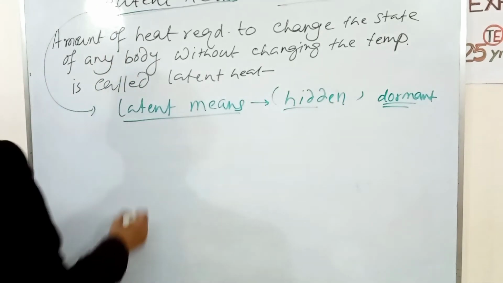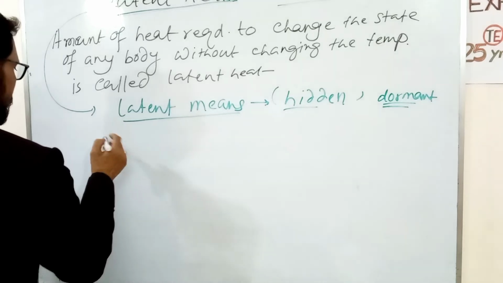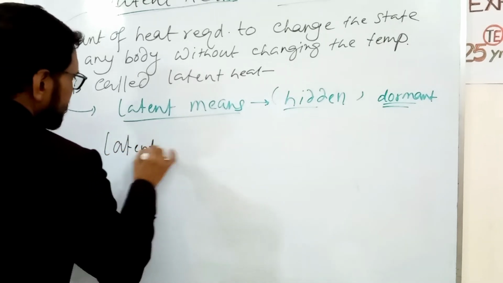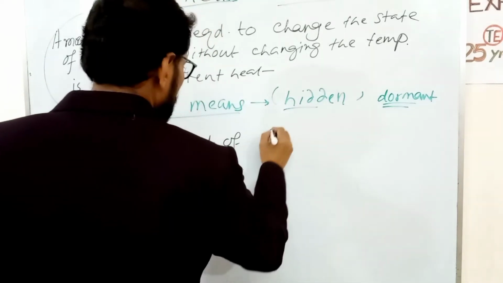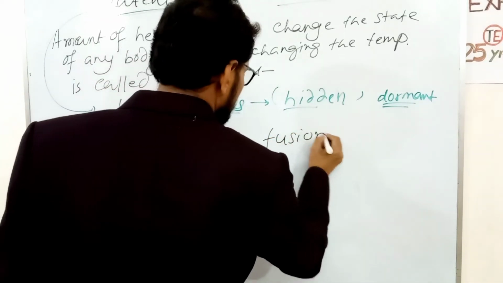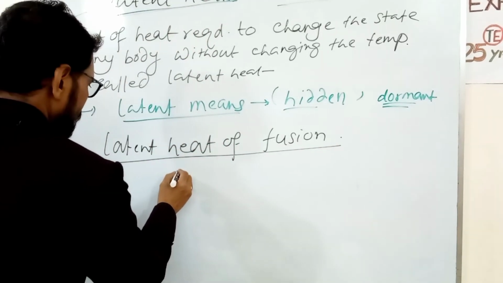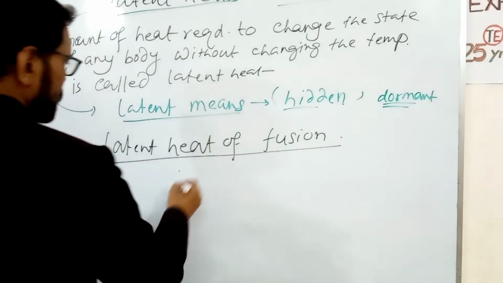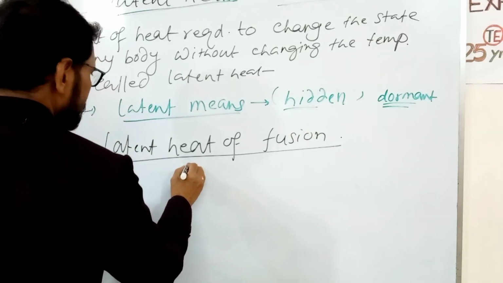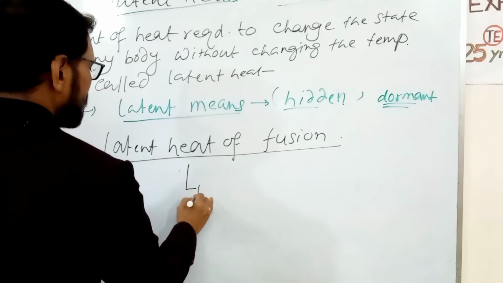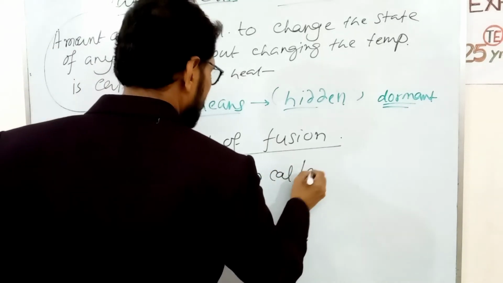Now there are two types of latent heat: latent heat of fusion. We know the latent heat of ice, which is denoted by latent heat of fusion, LF, equal to 80 calorie per gram.